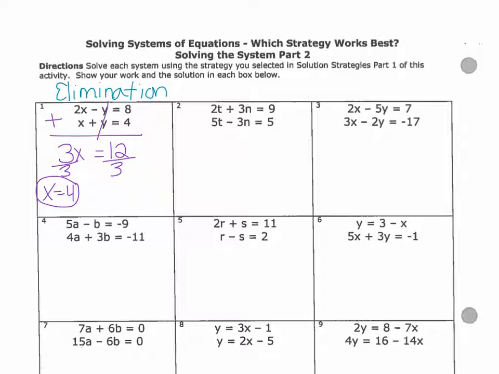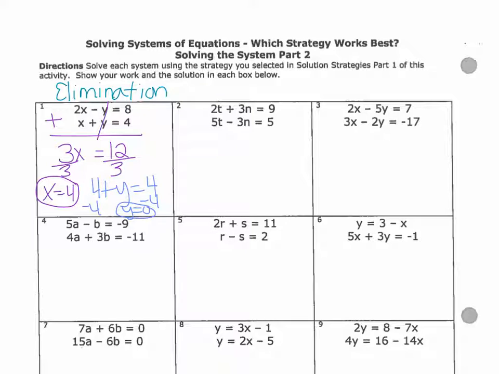Remember, we always have to find both x and y, so I would then take that answer and substitute it in: 4 plus y is equal to 4, and then take away 4 from both sides, and so y is equal to 0. Sorry, that got a little squished there. So the point (4, 0) is the solution to this system.